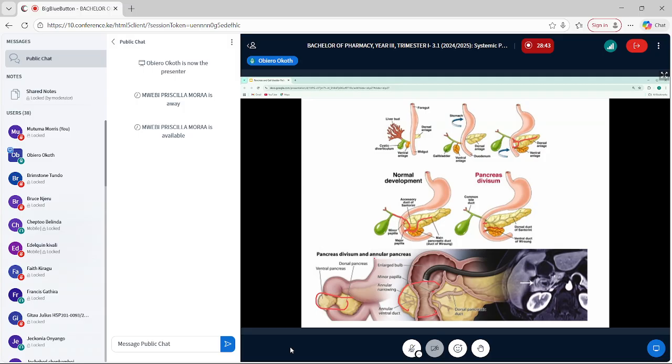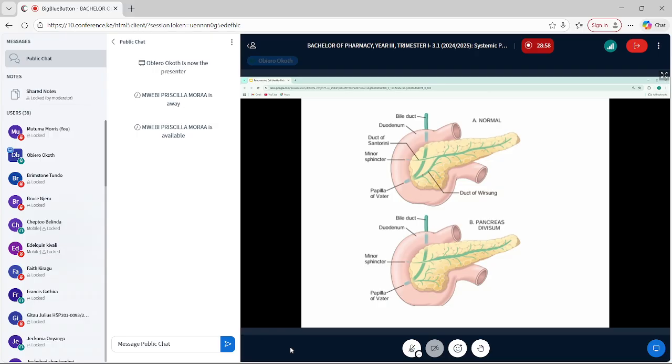I have another one here. So the bile duct comes, meets the major duct, and opens into the major papilla, the papilla of Vater, or the ampulla of Vater. Now, in divisum, the major duct is left to fend for itself and use only the minor sphincter. So the common bile duct meets the minor duct.